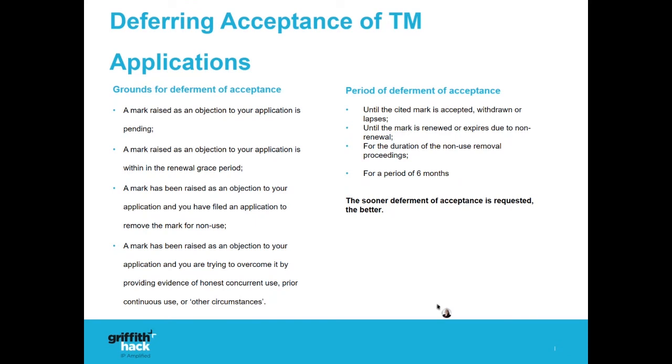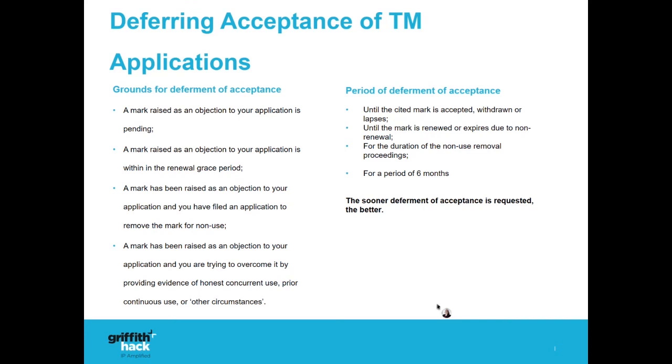I think it's always better to request deferment of acceptance sooner rather than later. I mention this because in Australia, we get 15 months from the date of the objection to overcome it. And in my experience, applicants can be quite reluctant to defer because they're thinking, well, I've got 15 months, it's plenty of time, I can do it later if I want to.